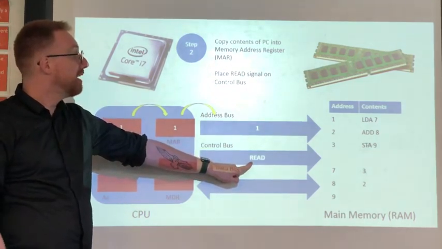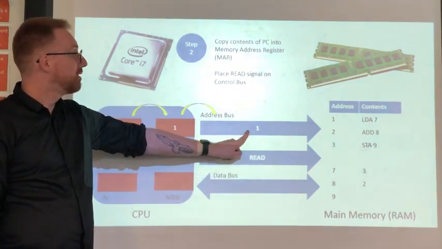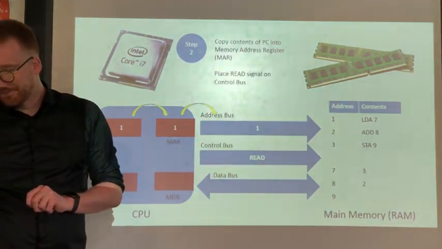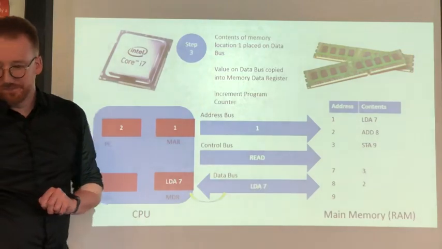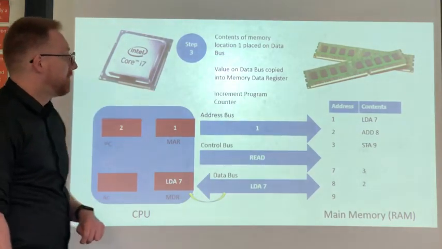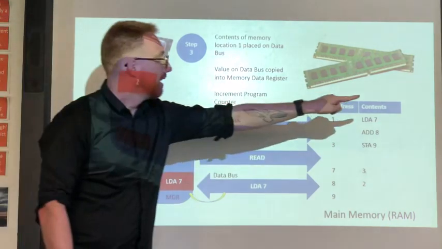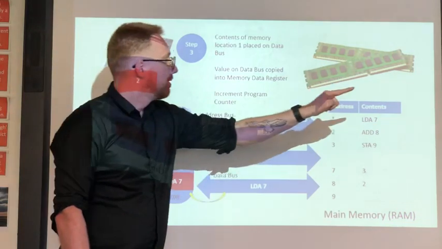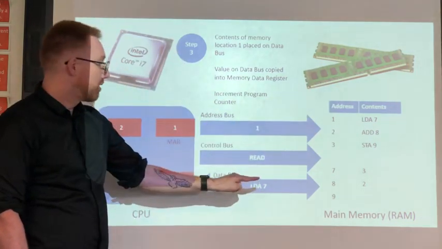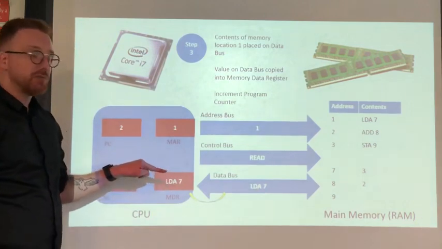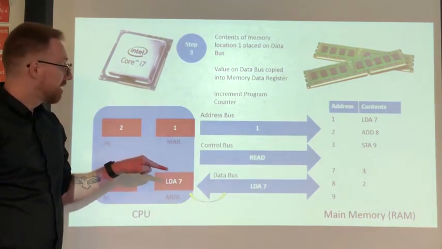So we want to read in whatever is in address location 1 in memory. So, the contents of memory location 1 is LDA 7. We're doing a read, so LDA 7 goes onto the data bus and gets transferred into the memory data register, now that we've read that value in.